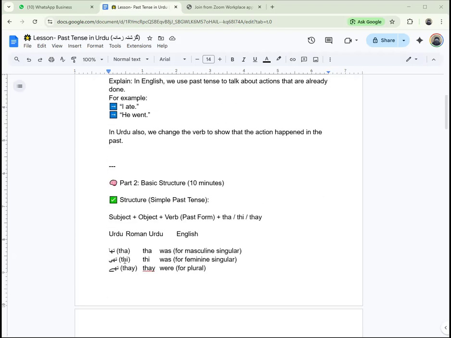So the basic structure we have in Urdu past tense is, first, the subject, meaning the noun or the thing, the naming word.